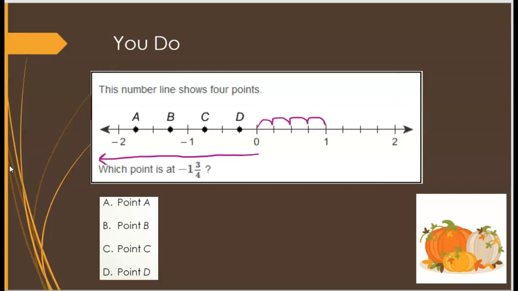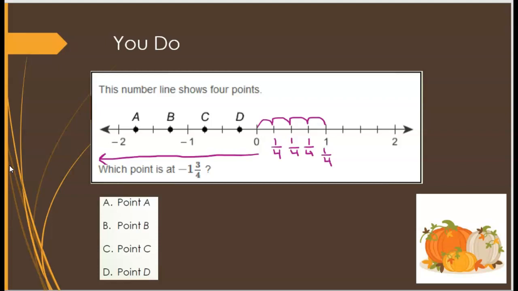So that means each one of these tick marks represents 1/4. 1/4. And 1/4. It's the same on the negative side as it is on the positive side.